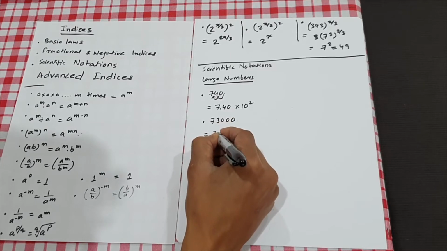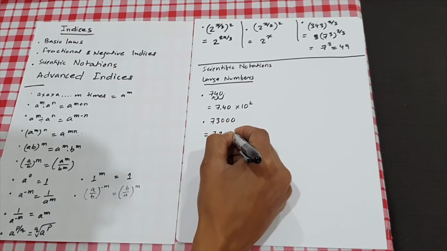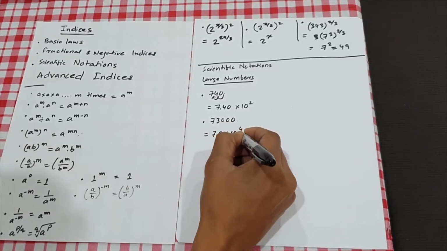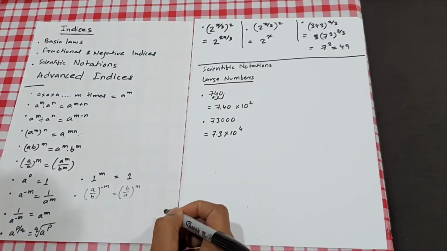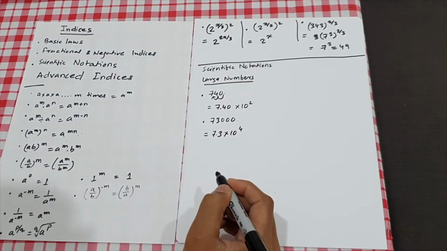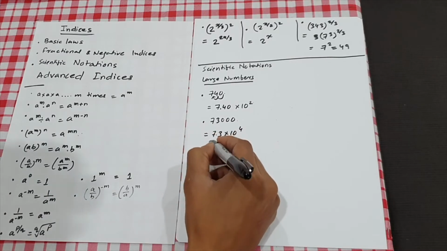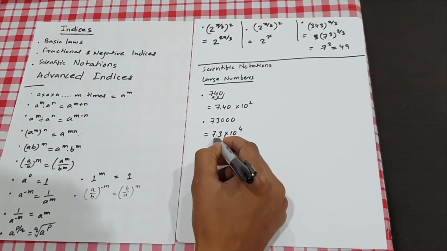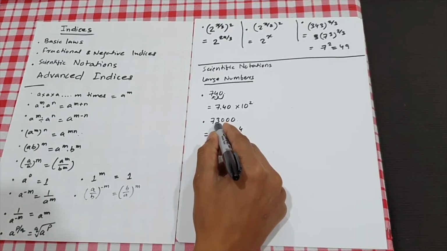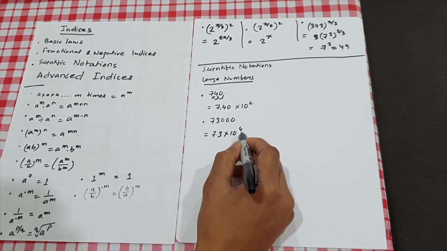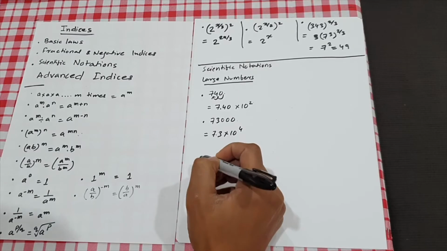So 7.3 times 10 to the power 4. It is 10 because we are using decimal numbers, so everything is a multiplication or power of 10. You can calculate the value and you will get the same value as this. Basically 7.3 times, this is what, 10,000. So this is around 73,000.